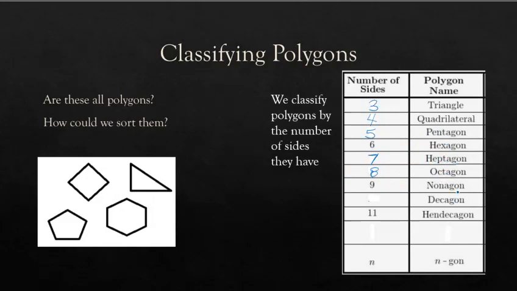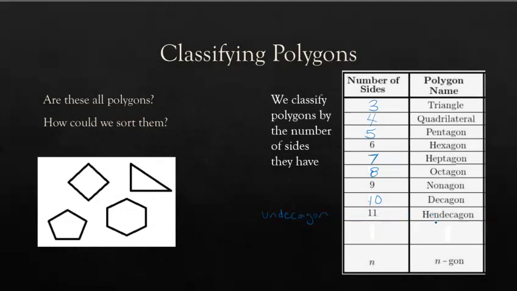9 sides is a nonagon. A decagon has 10 sides. And then 11 sides is a hendecagon, or sometimes it is also called an undecagon. I think that might be coming from uni, which is 1, like a unicycle has 1, so it's 1 more than a decagon.